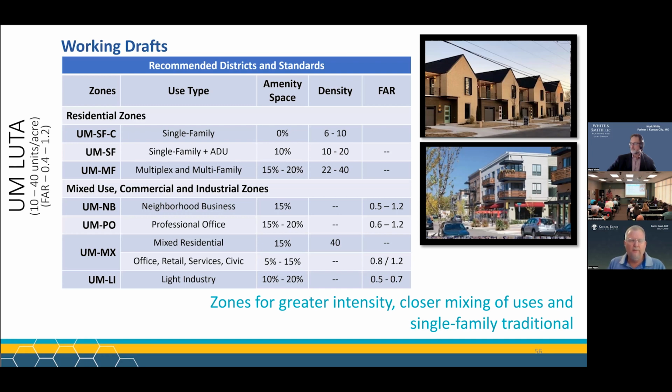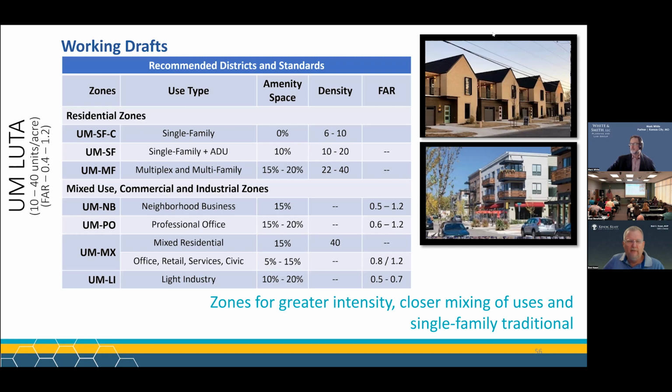One of the new concepts that has come forward is this idea of the urban medium single family C. That means conservation. So that's for the well-established neighborhoods that are stable, intended to be stable for the foreseeable future, and don't expect change. In other words, they don't intend to have redevelopment. They want to maintain the character and the use types, so that conservation district would allow that to happen.